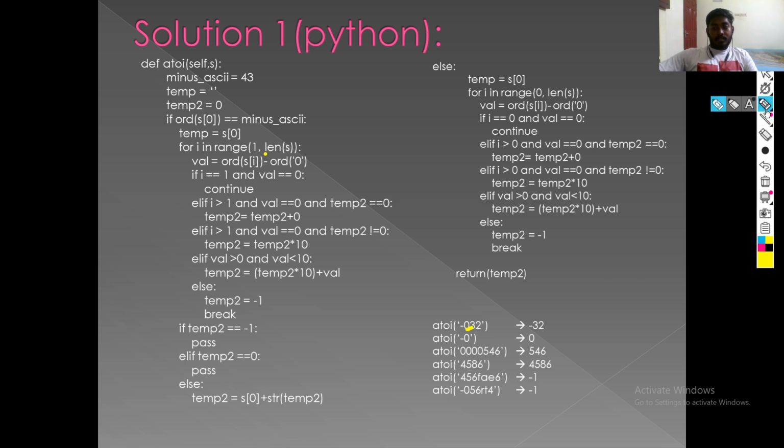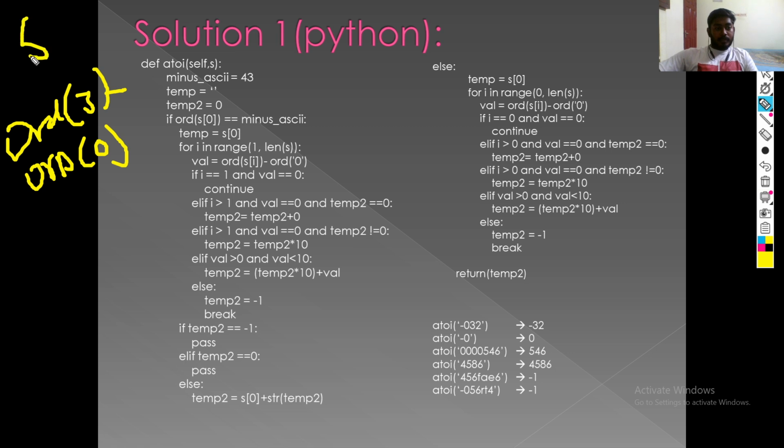So I am giving ord of s of i, which means the i value gives 3. ord of 3 minus ord of 0, which means 51 minus 48. Now we get the value 3.